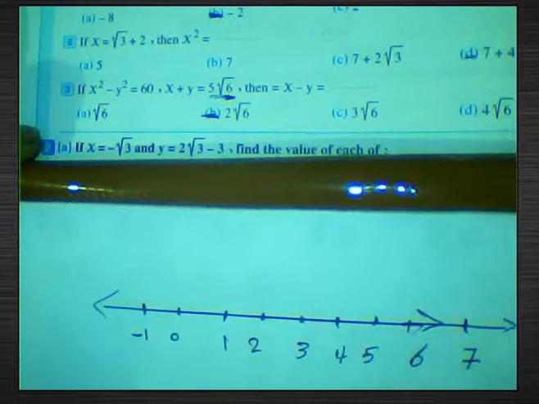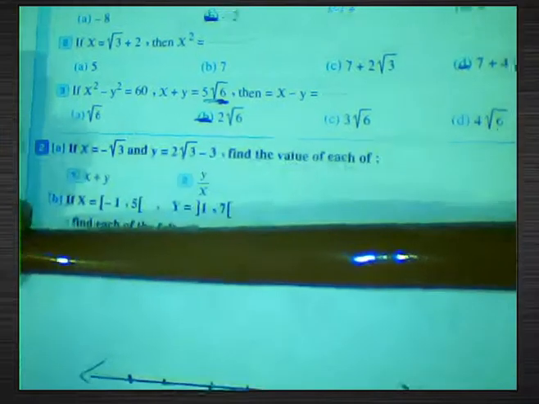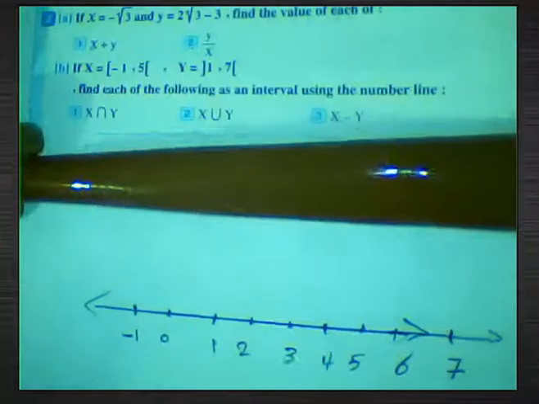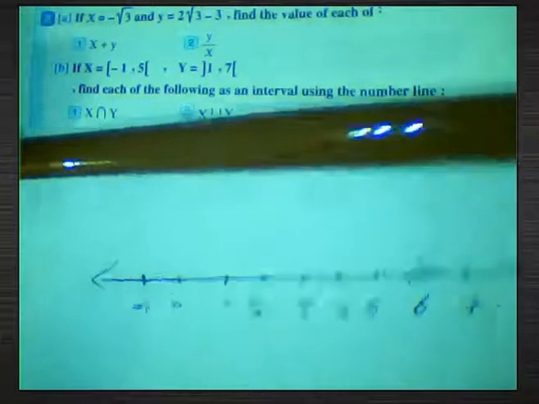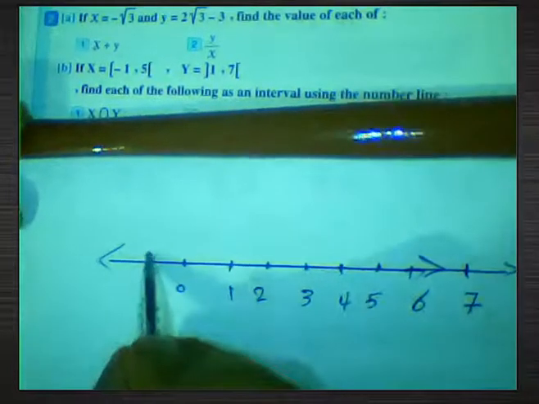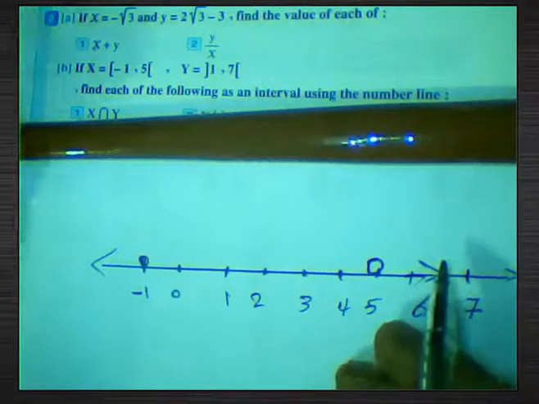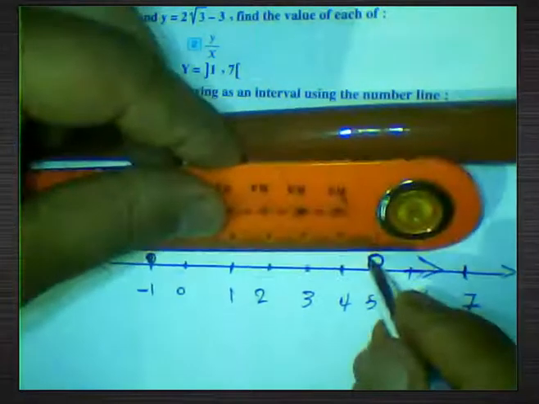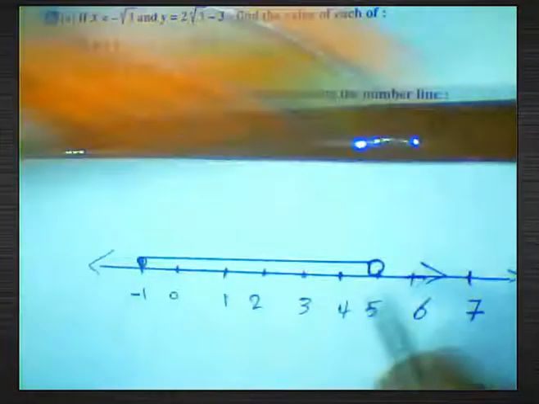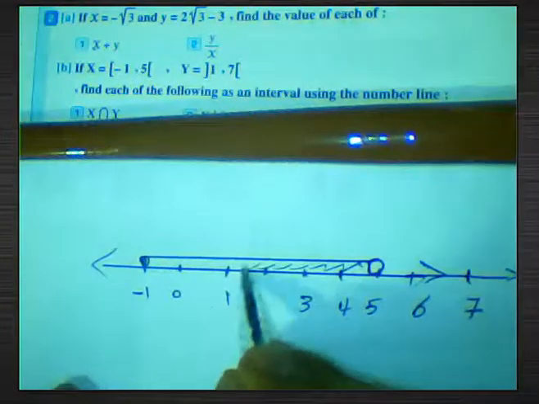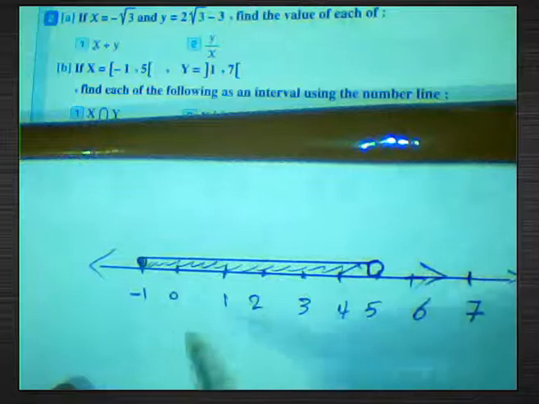Okay, so negative 1, 0, 1, 2, 3, 4, 5 and 6, and we must write 7 here. The first interval x from negative 1 to 5: negative 1 was closed and 5 was open, and we will join. You must use a ruler to have the exact result.